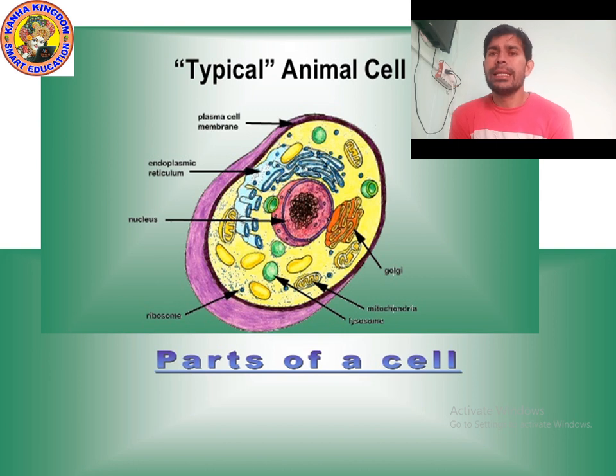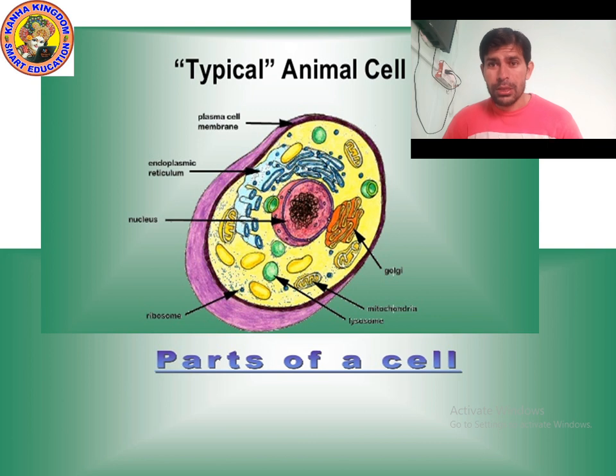Point number 2: the cell is the basic structural and functional unit of all living organisms. All the functions happen in the cell. Digestion, excretion, respiration, all these functions occur in the cell, because all the organs are made up of cells.